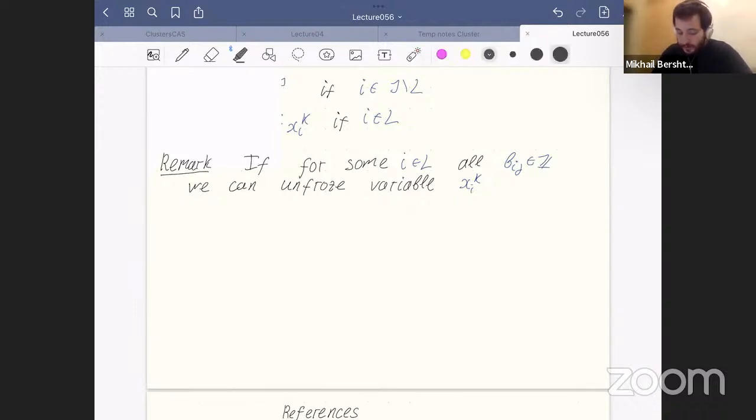The key properties of this map are the following. Okay, let me put it as a lemma. Amalgamation is a Poisson map.